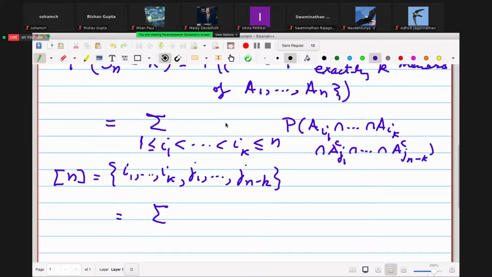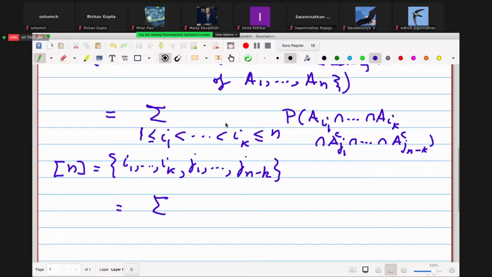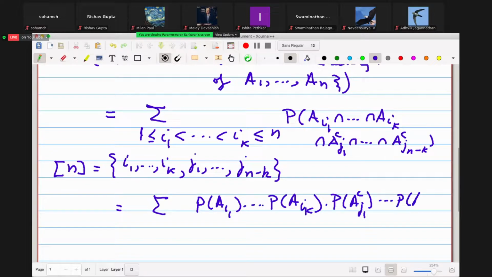Pairwise, I mean that as a family it is independent, and now you prove that this is actually equal to the probability of each one of these, A_I1 times ... times probability of A_Ik times the probability of their complement, say A_J1 complement, ... probability of A_J(n−k) complement.